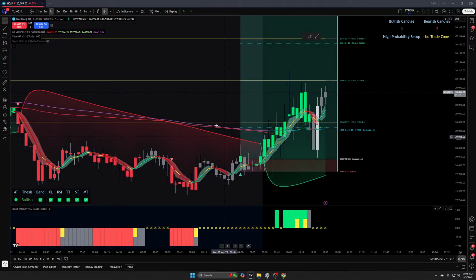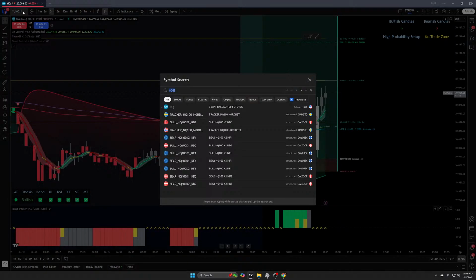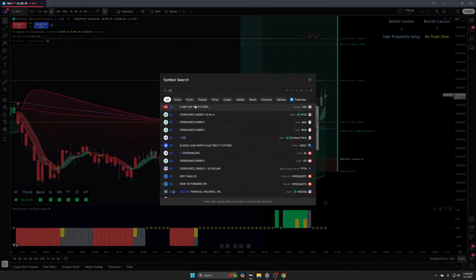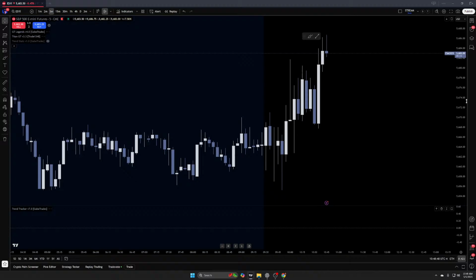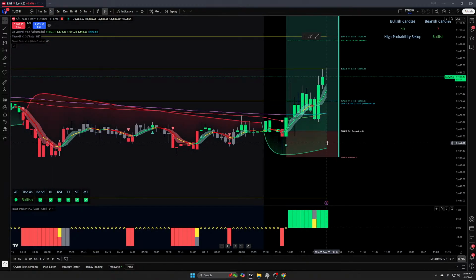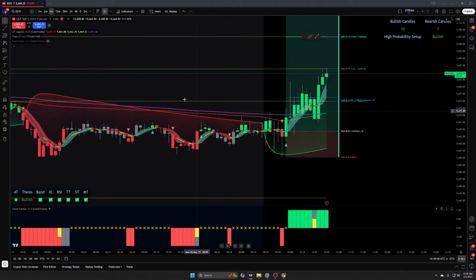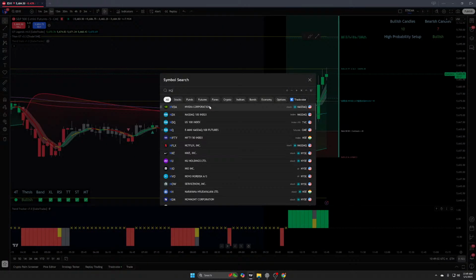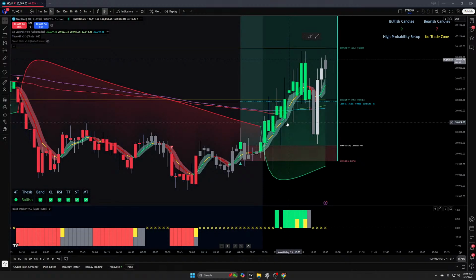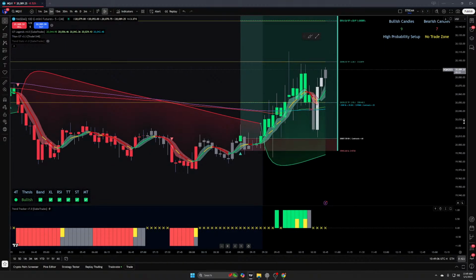This is NQ. This is ES. Similar in scope. ES is nicer, yes, but similar in scope. Go back to NQ. Similar in scope.